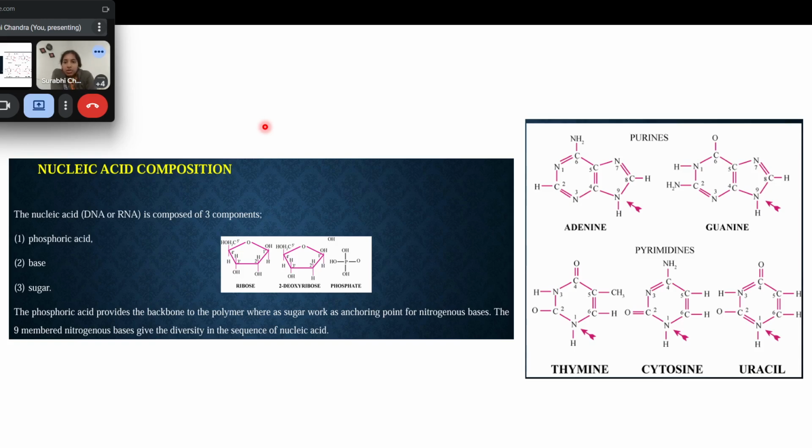Now, looking at the nucleic acid composition, it is DNA or RNA, and majorly composed of three components. One is a pentose sugar, having five carbon atoms.